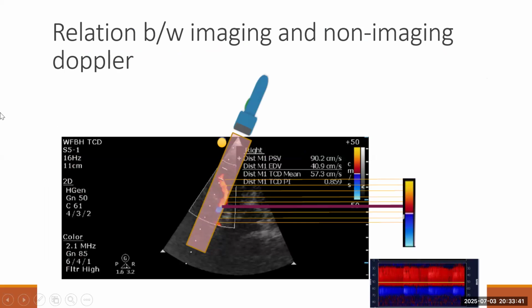If we remove the inset of the image and rely on the depth of insonation, that's how we get the non-imaging Doppler. Both serve the purpose of identifying the vessels and the spectral waveforms.